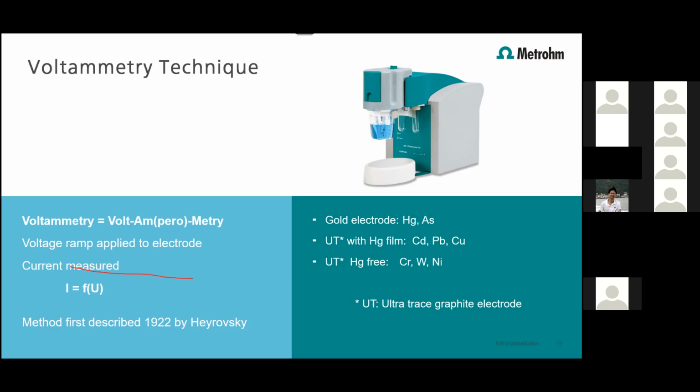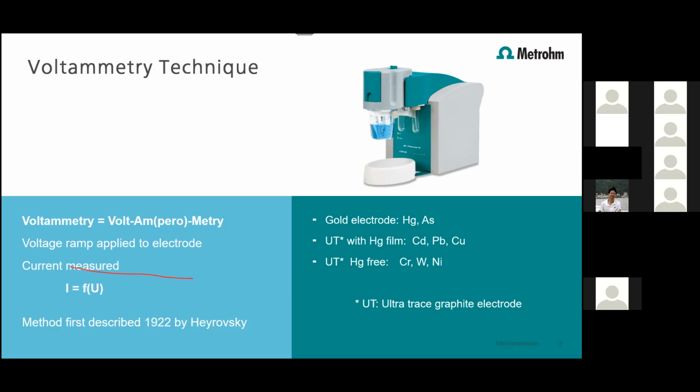Because this is an old method, and not many regulations follow it or use this machine in their regulation. So in the market it is not well known, but in Europe and China it is very popular.